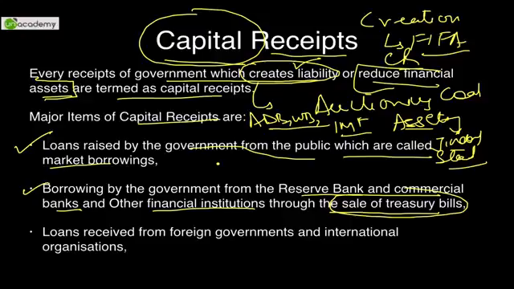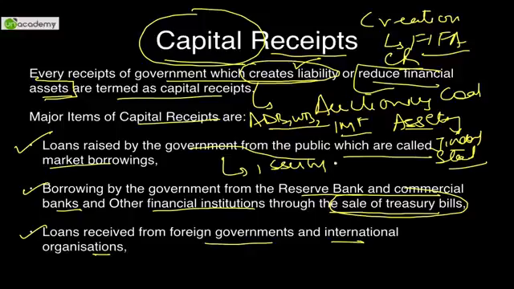Third is loans received from foreign governments, international organizations, like the World Bank we discussed. So any kind of loan taken by the government, either from the RBI, foreign governments, other organizations or the public, is considered a capital receipt. By the way, what we borrow from the public is through issuing certain government securities, also known as G-SECs. They also result in capital receipts.